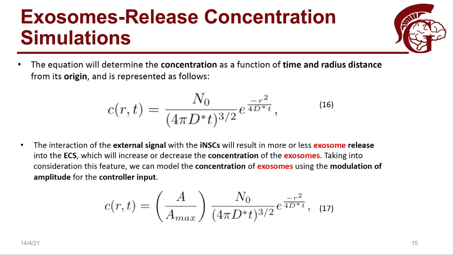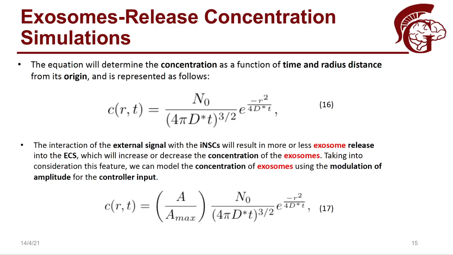So the equation determines the concentration as a function of time and radial distance, as we can see here in equation 16. N0 represents the initial number of molecules being released, D is the diffusion coefficient, or in this case, the effective diffusion coefficient, and R represents the radial distance.